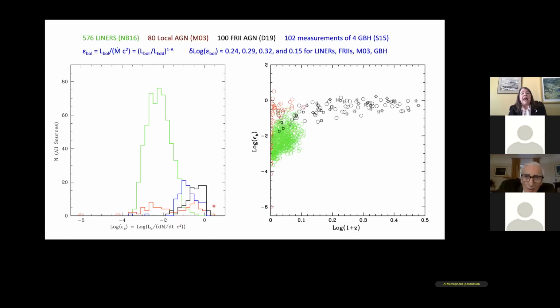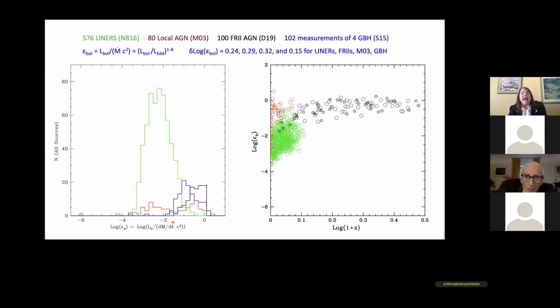The FR2 sources and the stellar mass galactic black holes are coming with a high efficiency factor. And the Maloney et al. sample splits into two subsamples, which is probably related to the little offset we saw in the magnetic field strengths.